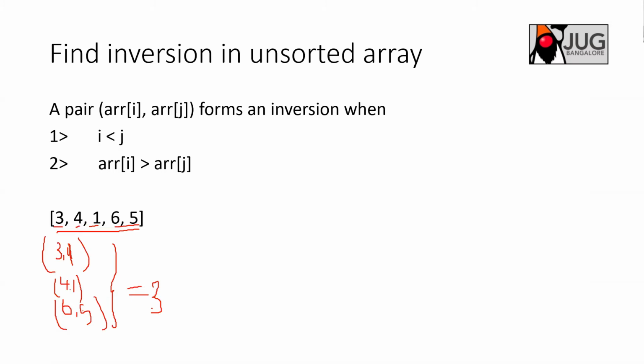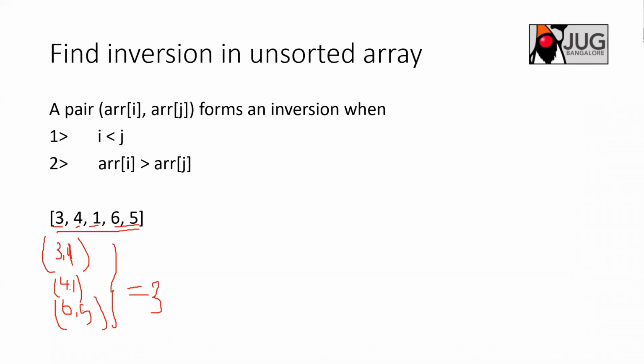What logic will you apply here? Any guesses, guys? What will you do in such cases where you're asked to find inversions in an unsorted array? Basically, you can take a naive approach. What I'm saying is, you pick an element and compare it with all the elements on its right side, and see how many elements exist on the right side which are less than that key element.